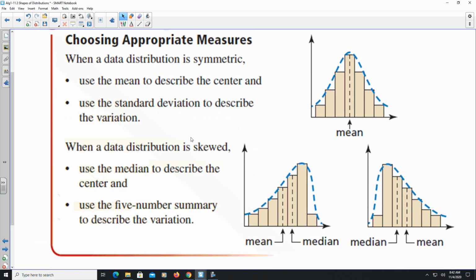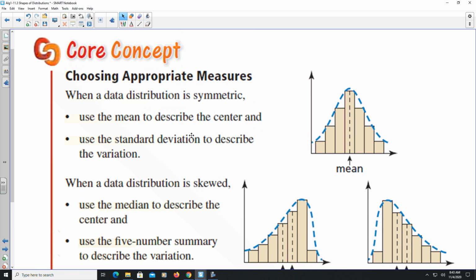And then here it talks about choosing appropriate measures. When a data distribution is symmetric, usually the mean is described as the center, and then you can use standard deviation to describe its variation.